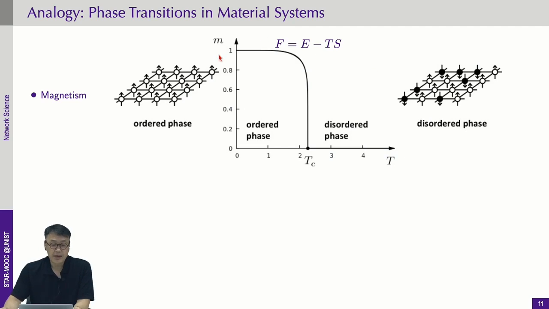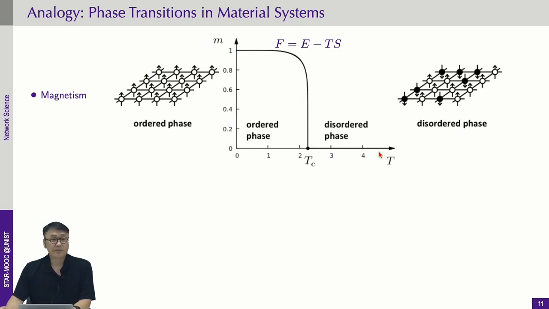Here, m is the magnetization, defined as the average spin angular momentum. So it is bounded between 1 and 0. 0 means individual spins align in random directions, while m equals 1 means that all the spins are aligned to a single direction.